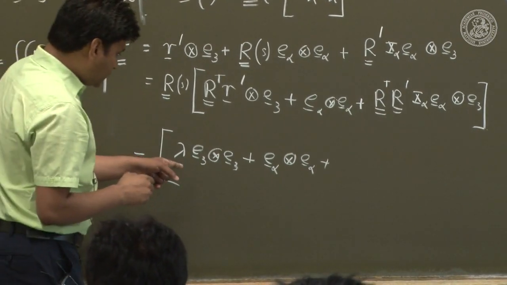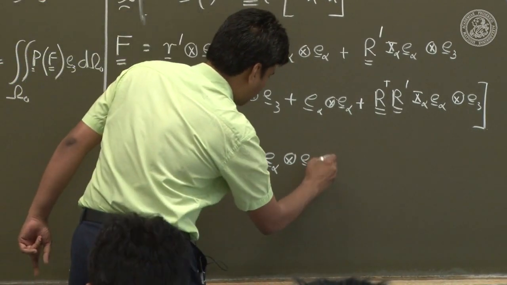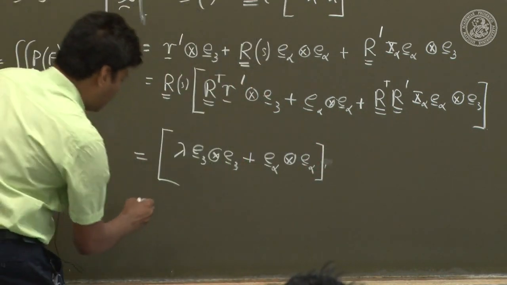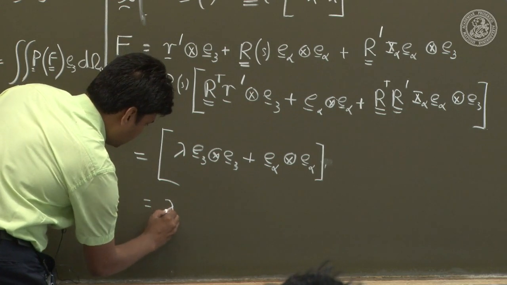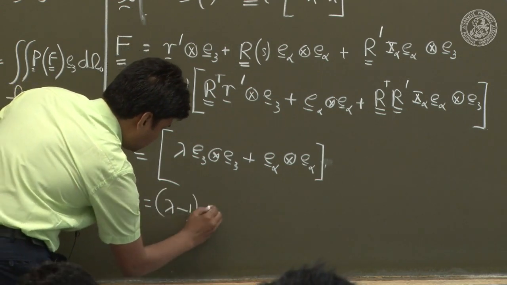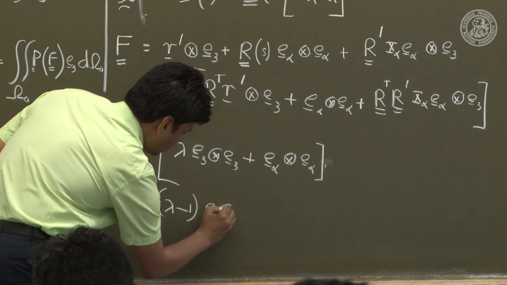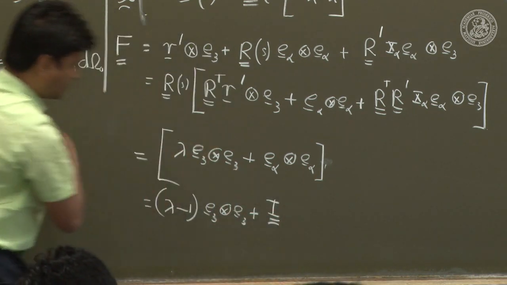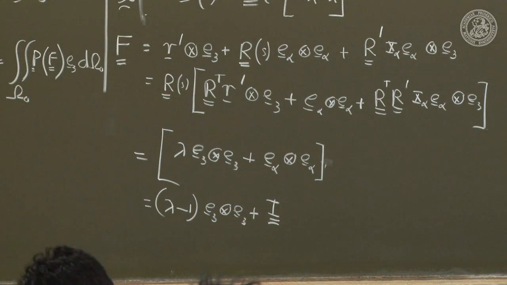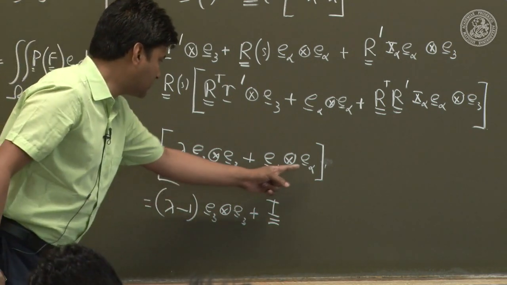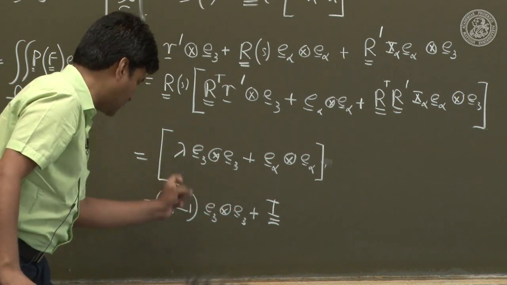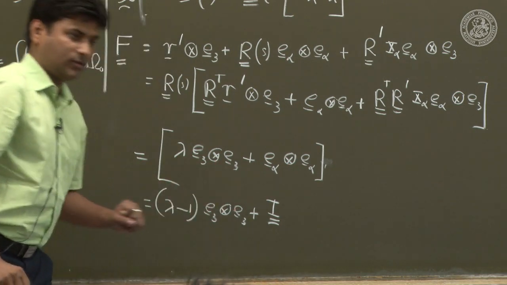Okay, and as you can see here, this is same as lambda minus 1 E3 tensor product E3 plus the identity. So that's your E alpha tensor product E alpha plus E3 tensor product E3, then you subtract E3 tensor product E3.